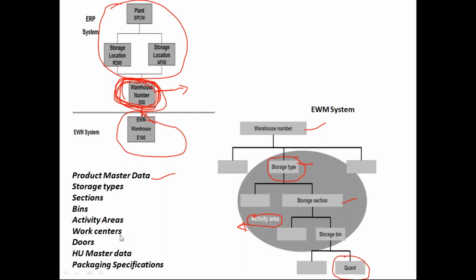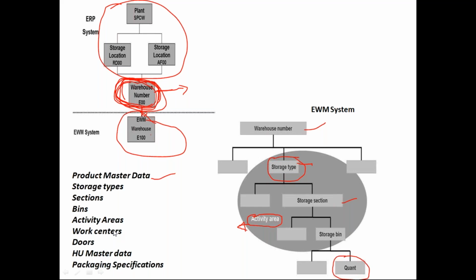Now we have work centers. Work centers are nothing but, these are not PP work centers. In PP, we create work centers, right, for production processes. In EWM also we have something called work center. These are not PP work centers. In work centers we perform special activities. So what are the special activities that you can imagine? You can imagine special activities such as packing, repacking, or value-added services, or what else?